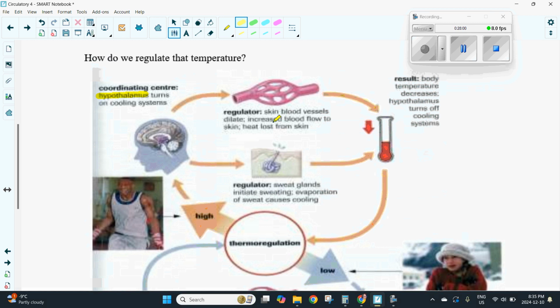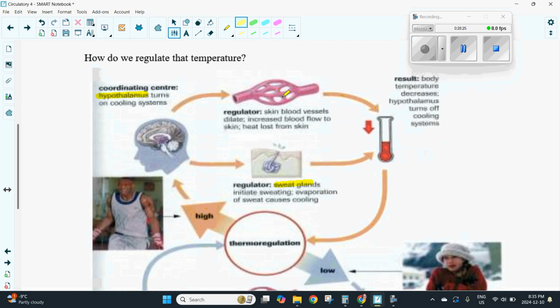The other thing that we like to do is sweat. Okay, so sweat glands, so we start sweating. As we start sweating, if these blood vessels are near to the skin and you have more blood near the skin, well, you have a wet surface on your skin, and if there's any sort of wind or external airflow, then that's going to cool you off right quick.